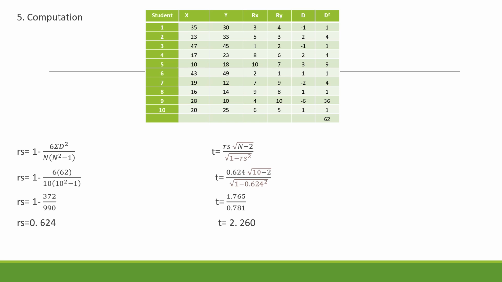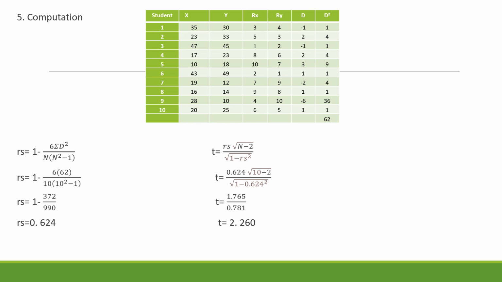Then n is 10 because we have 10 students. Then 10 squared minus 1. So we have 1 minus 372 over 990. Then we get the value of our Rs, which is equal to 0.624.